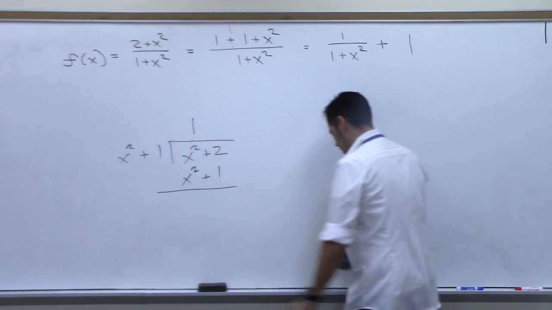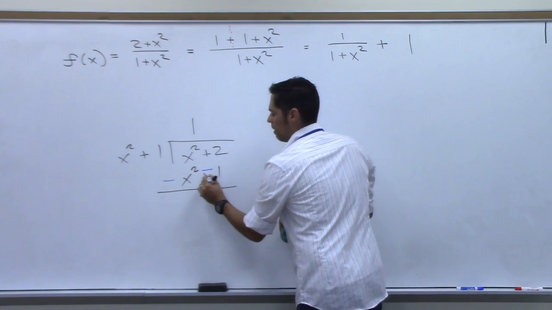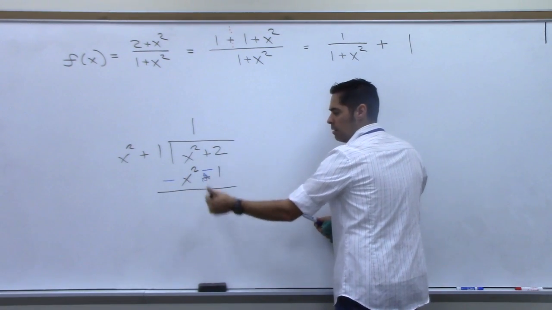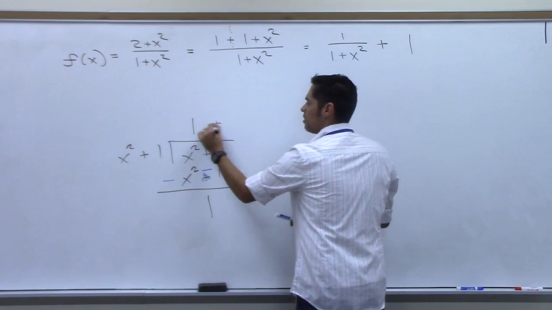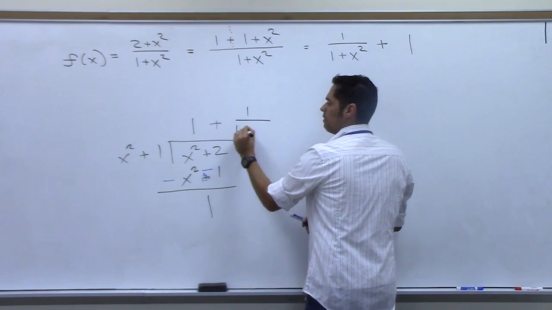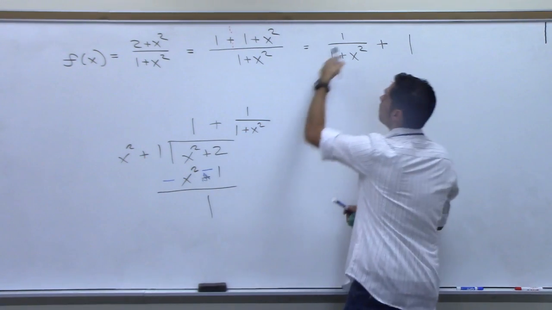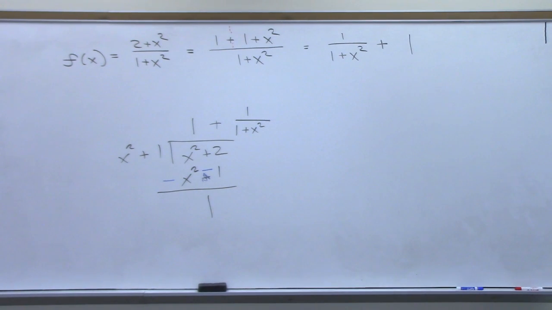You come through and subtract, so it changes the signs, right? And when you add down now, you get nothing, and here you get what? 1. X squared doesn't go into 1, right? So you get plus your remainder over your divisor. The remainder over this, that's this, right? So you could have got to the same result with just long division.